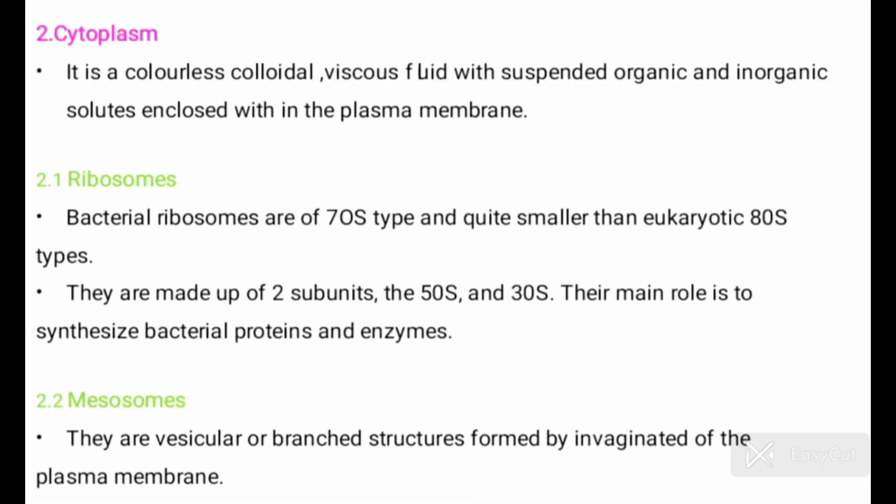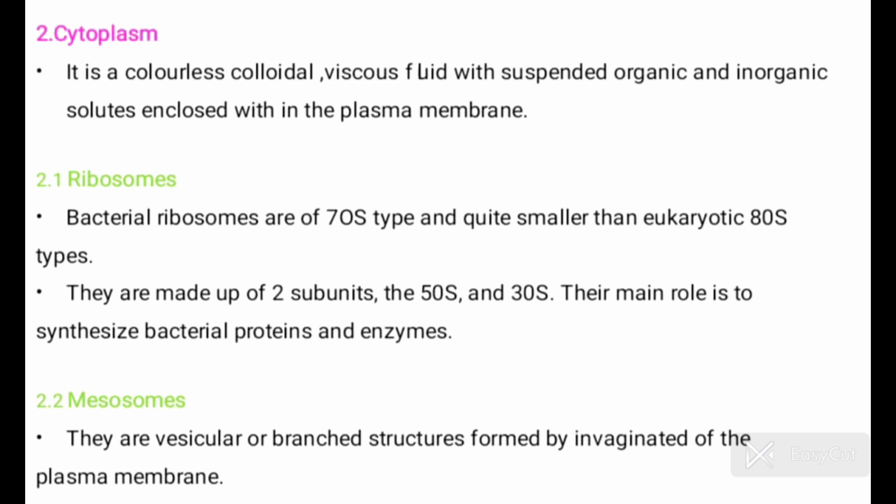Second, cytoplasm. It is a colorless colloidal viscous fluid with suspended organic and inorganic solids enclosed within the plasma membrane. In that, one, ribosomes. Bacterial ribosomes are of 70S type, quite smaller than eukaryotic 80S types. They are made up of two subunits, the 50S and 30S. Their main role is to synthesize bacterial protein and enzymes.